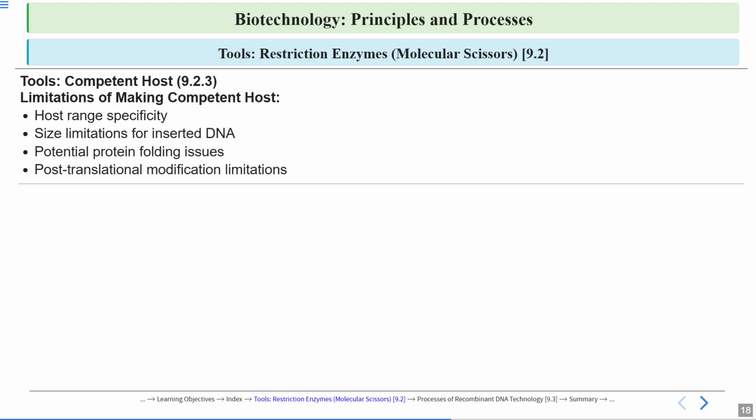Like E. coli cannot do it. There are some therapeutic proteins which need this glycosylation step, but it's not possible in E. coli. So there are a lot of limitations also; every cell can't be made a competent host. Everything has its own pros and cons.